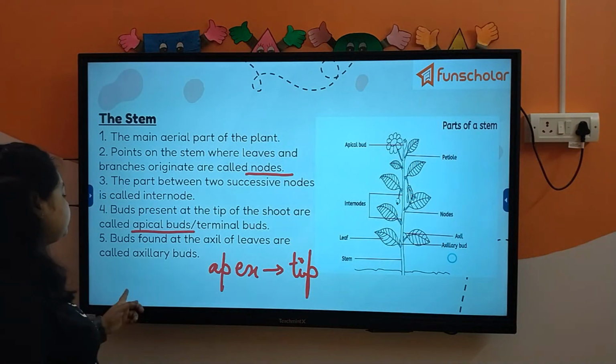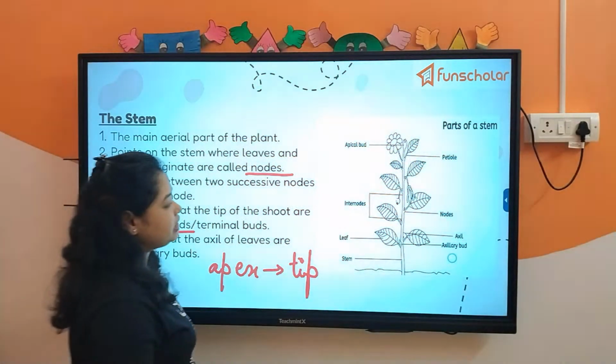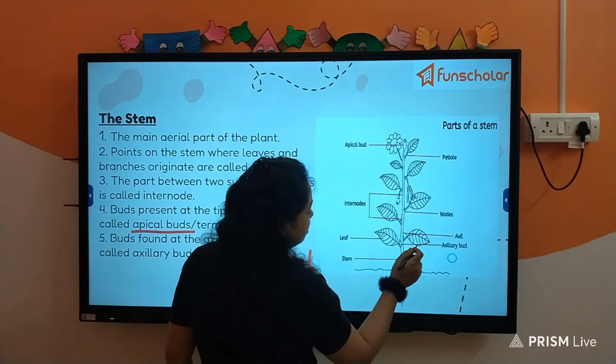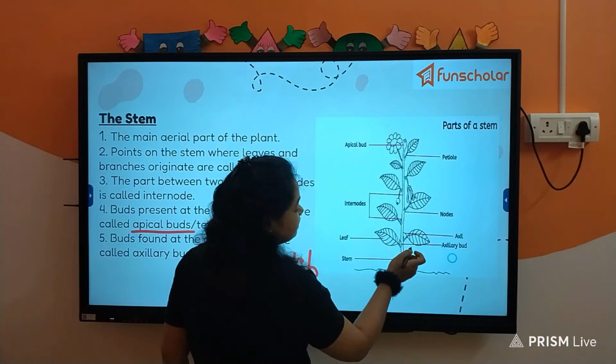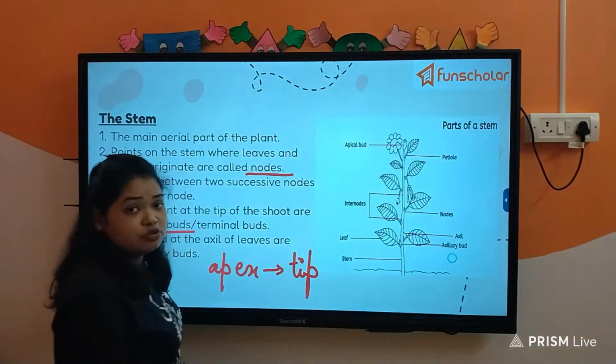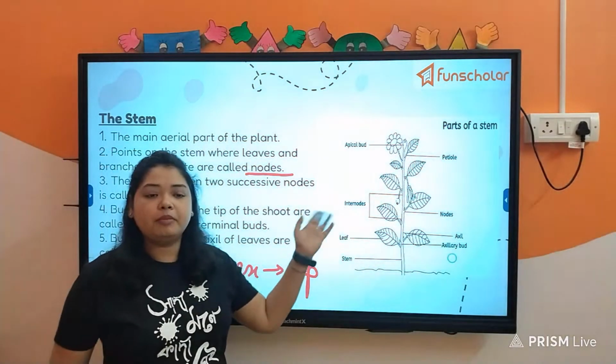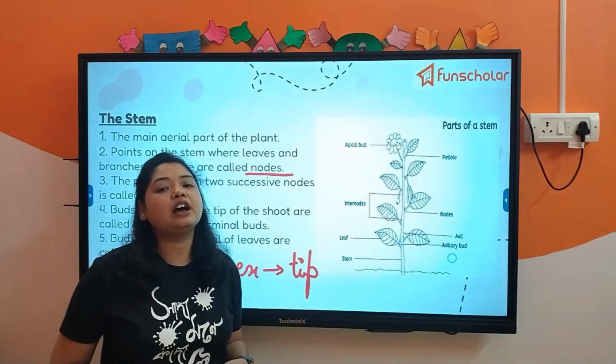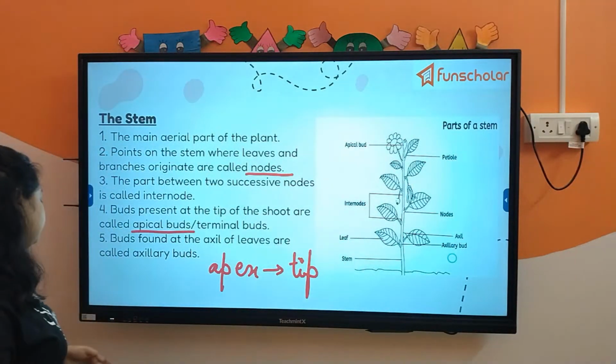And buds found at the axil of leaves are called axillary buds. Axil means these are present on the sidewise structure, the lateral buds, which are not present on the tip but laterally on the sides of the stem. They are known as the axillary buds.